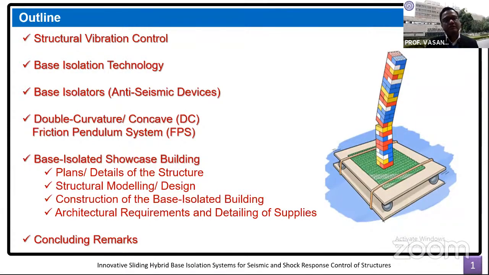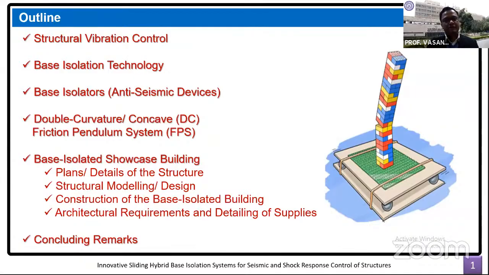I will move on to the base isolators, which are also called anti-seismic devices in other parts of the world. Then I will talk about the base isolation system used in this real-life project in India, which is called the double curvature or double concave friction pendulum system, also abbreviated as DCFP system or DCFPS.